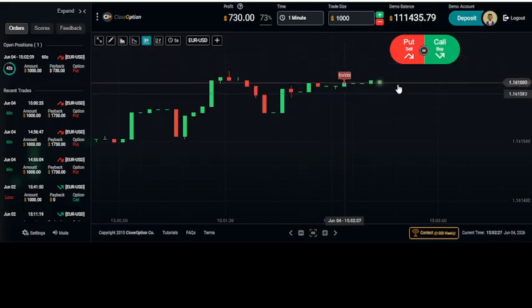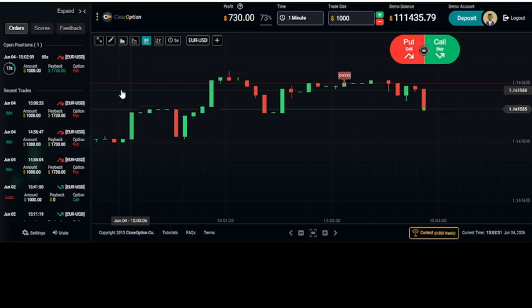5 second candles. Okay, so far here the trade clock is at 31 seconds. Eighteen seconds left.